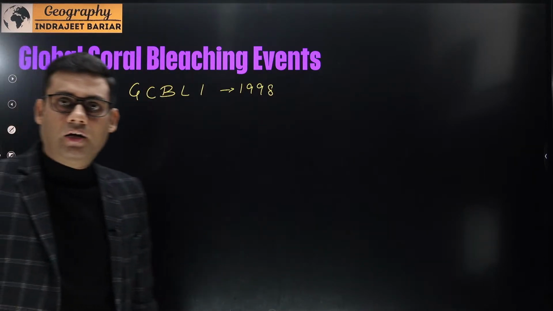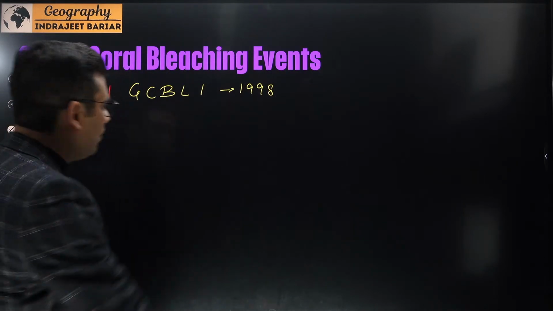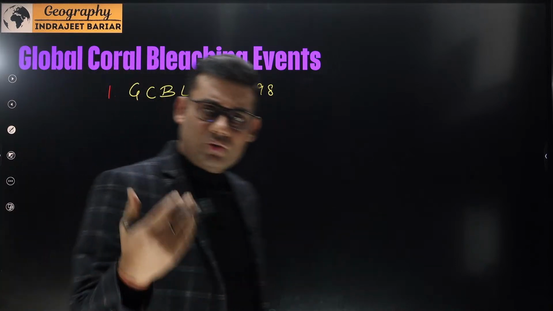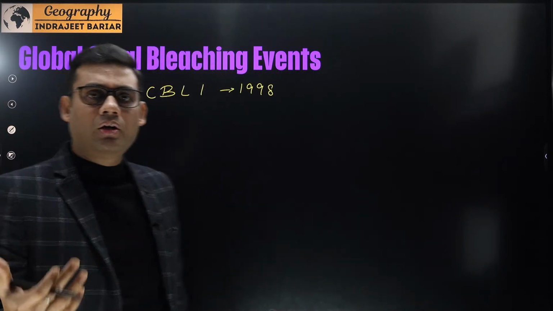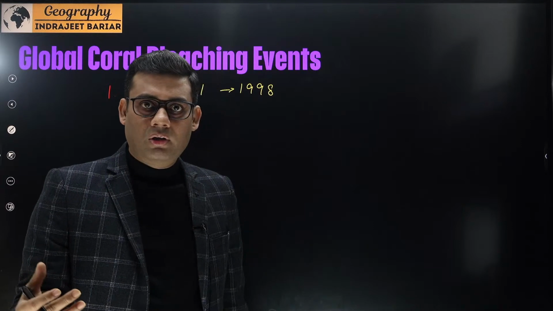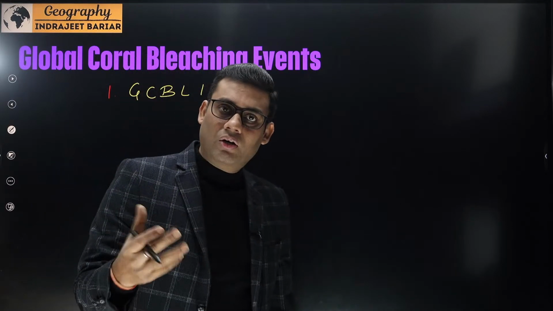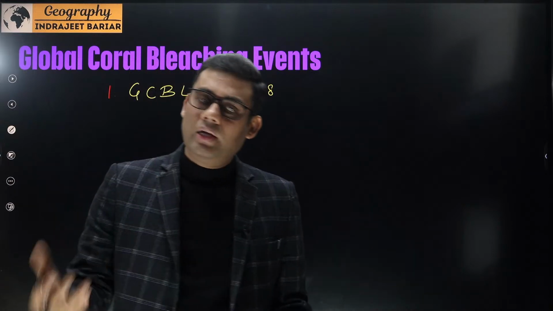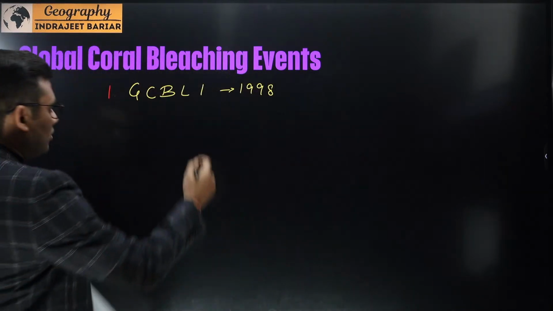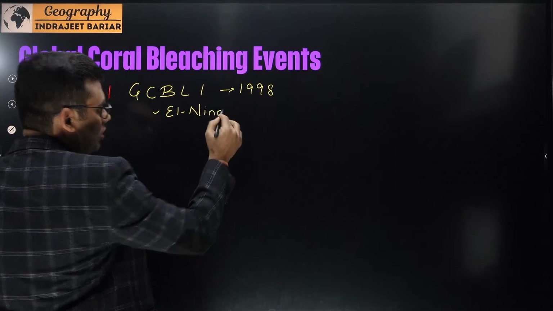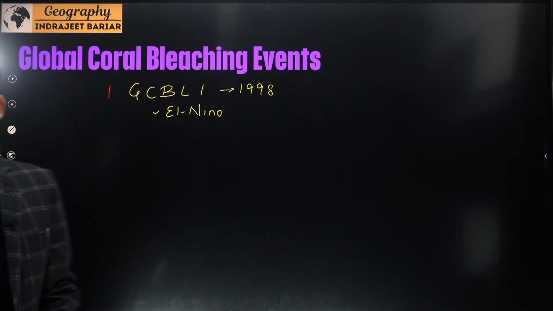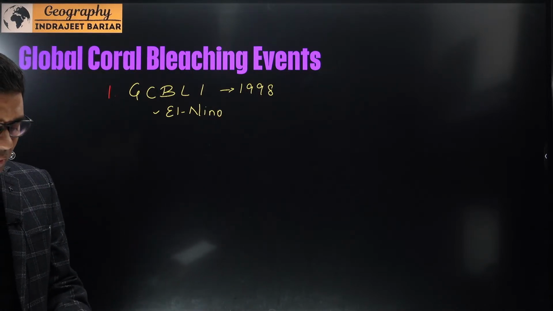So this happened in 1998, and the main reason, in fact, if you see, of all the 4 events had been the El Nino. Significantly, all these global coral bleaching events coincide with the years of El Nino. So in this case also, the reason can be cited as a major El Nino event which caused this coral bleaching.